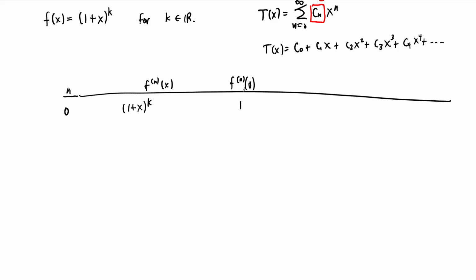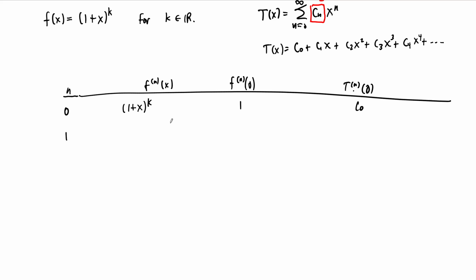And then finally, a formula for T sub n, our nth derivative of our polynomial function applied at 0, which in this case is just the coefficient c0.